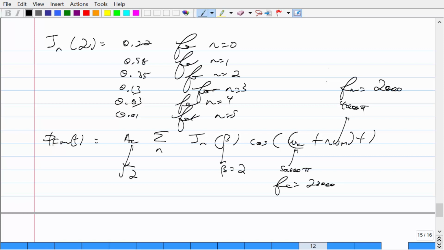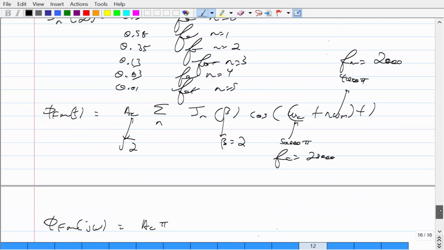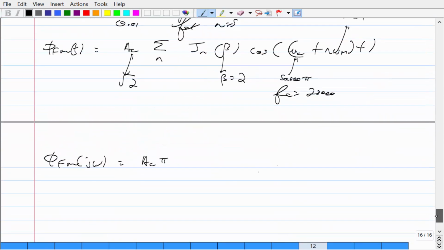If you took the Fourier transform of this in terms of omega, this is basically just a collection of different impulses. When you take the Fourier transform of cosine in terms of omega, this becomes A_C pi. And n goes from -5 to 5, because that's what is defined for the table. J_n of 2, because that's beta, and A_C is equal to root 2.